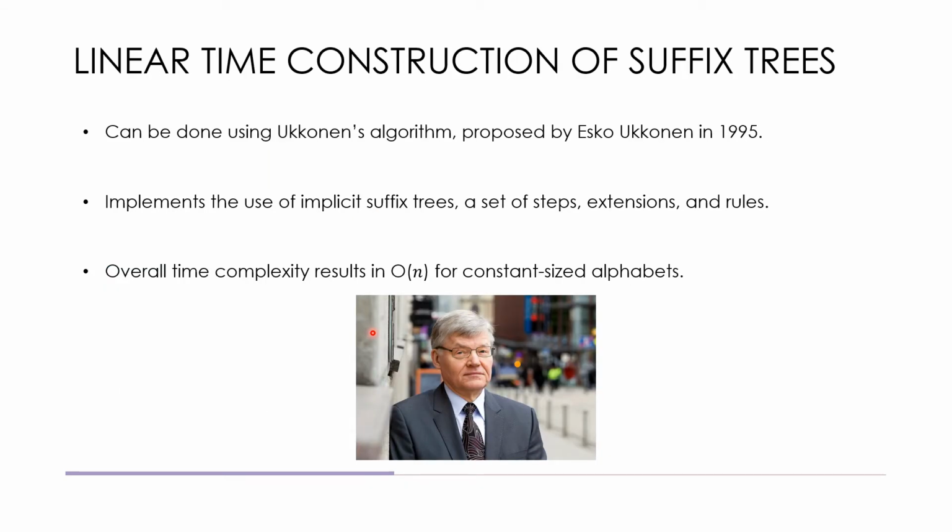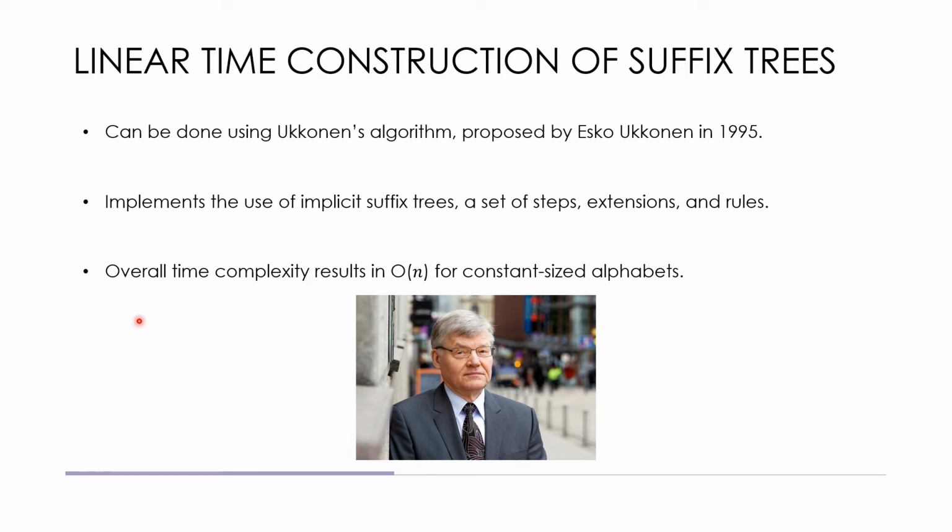Now we can get into the actual algorithm, which is to build a suffix tree in linear time. And this can be done by implementing Ukkonen's algorithm, which was proposed by Esko Ukkonen in 1995. That's him in this picture down below.